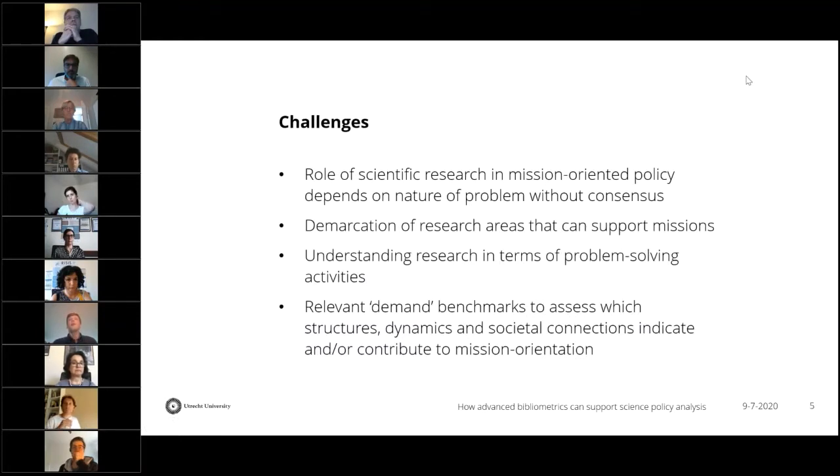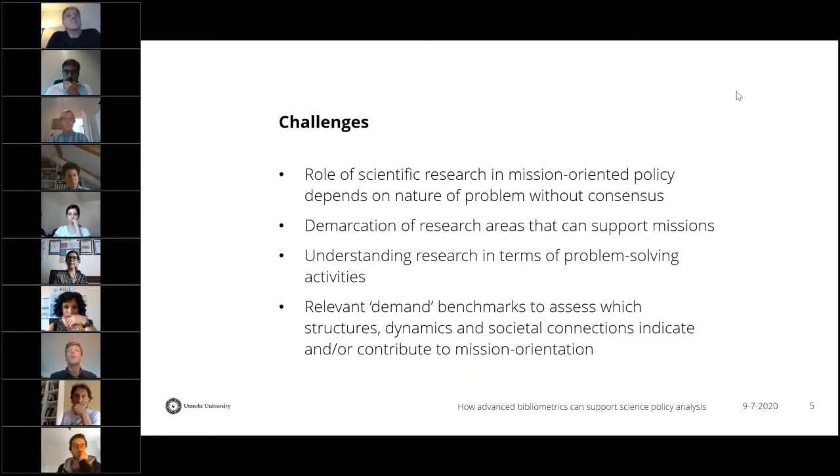Go. So I also do think there are a number of challenges, and those should not be taken lightly. The first challenge that I see is that the role of scientific research in mission-oriented policy really depends on the nature of the problem or the nature of the mission, you could argue. And also within certain missions, there's not always consensus on to what extent policy or technological solutions should be important.